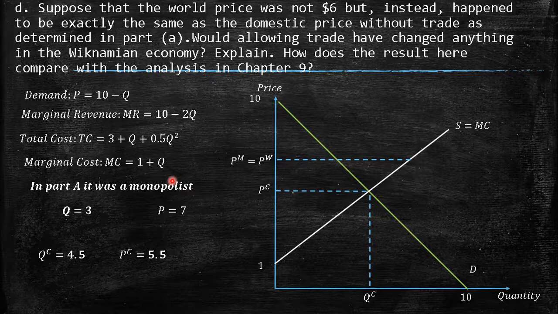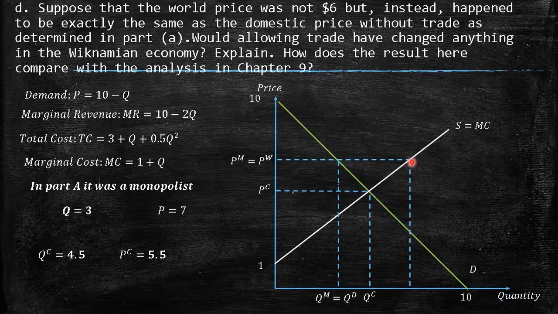Here we have the monopolist, which is exactly the same as the world price, which is 7. So automatically this is the demand of the country at this price of 7. But at this price the supply should be higher, at this value.